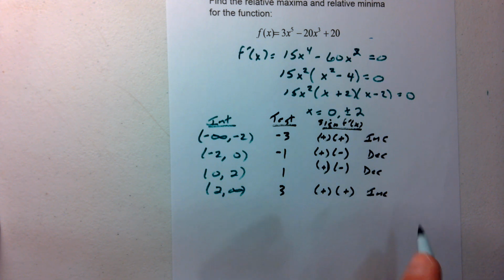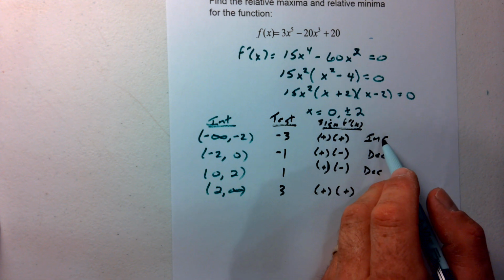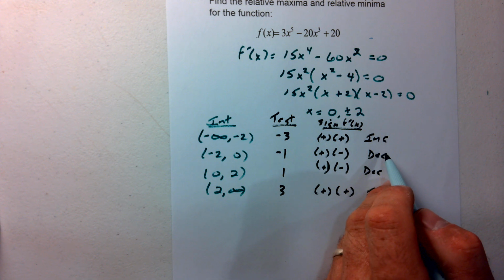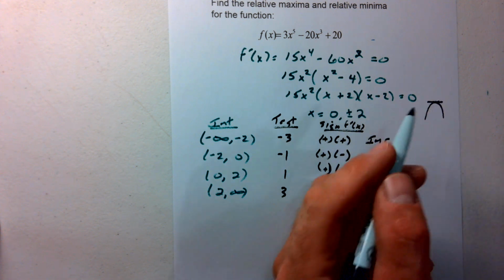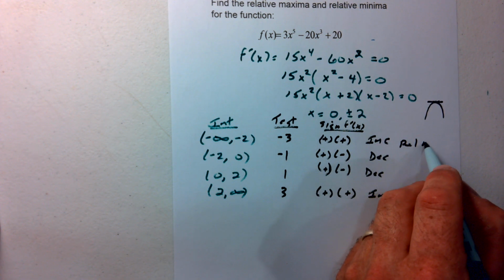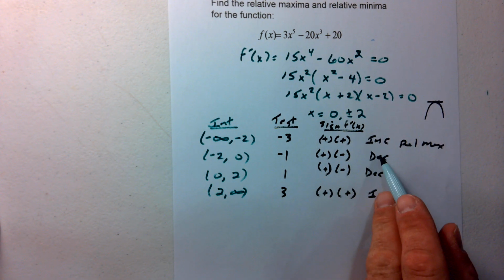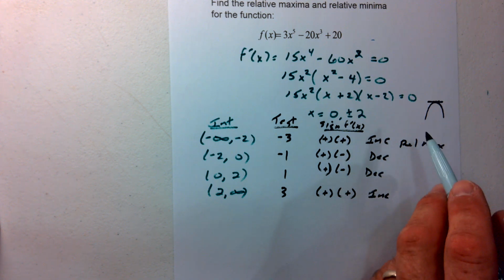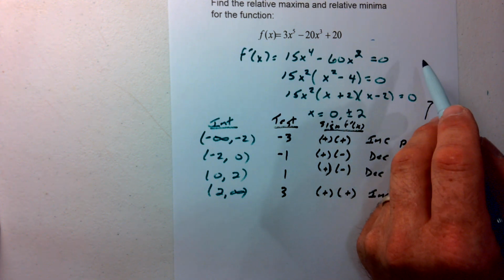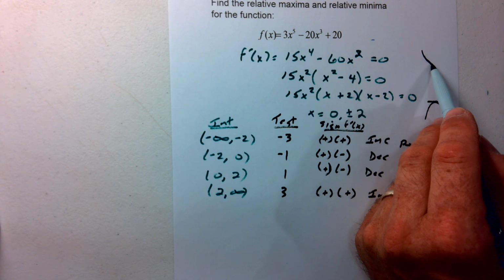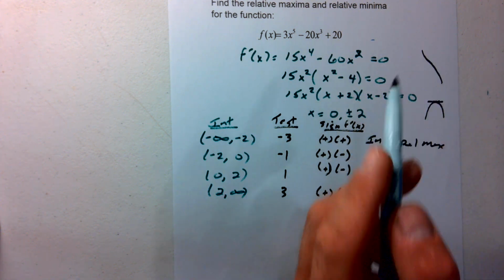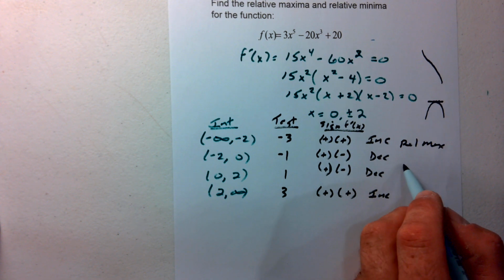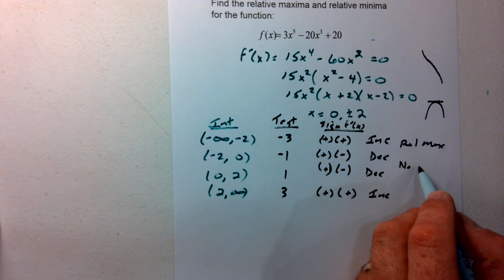So let's go ahead and think about what's happening here. Again, if I go from increasing to decreasing, I have a relative max. Decreasing to decreasing, well, that doesn't make any sense to be a relative min or a max, does it? Because I'm decreasing and then I decrease and I continue to decrease. There's no curvature there. So I have nothing here. Nada.